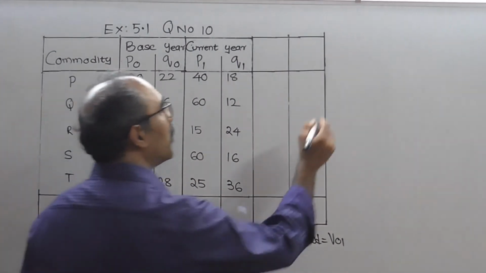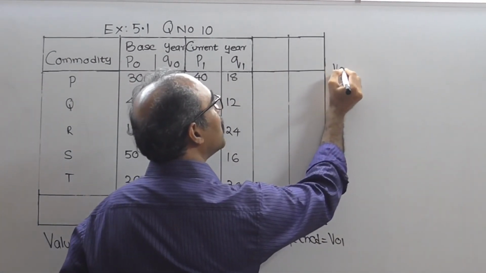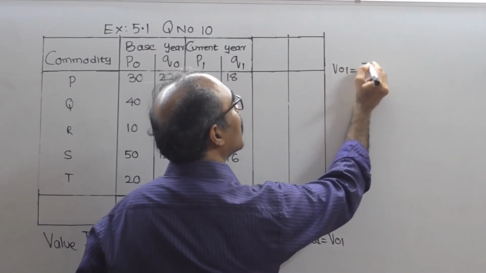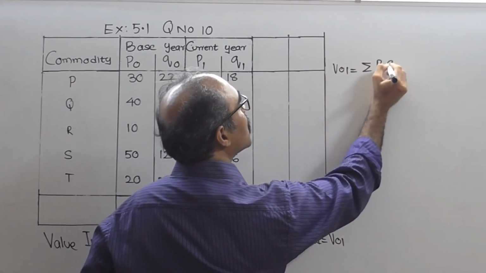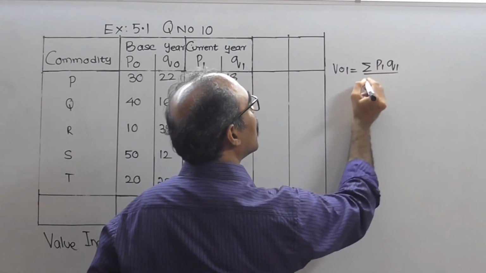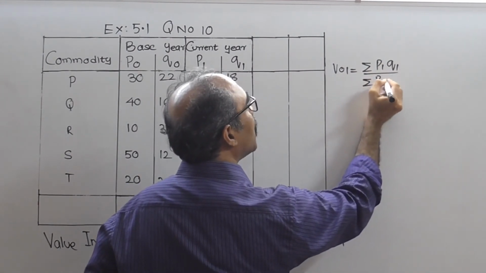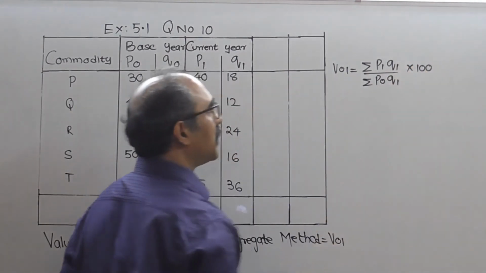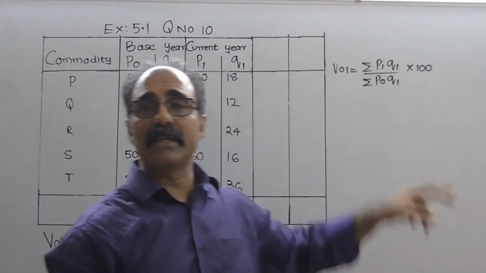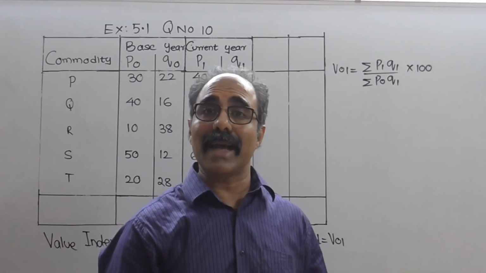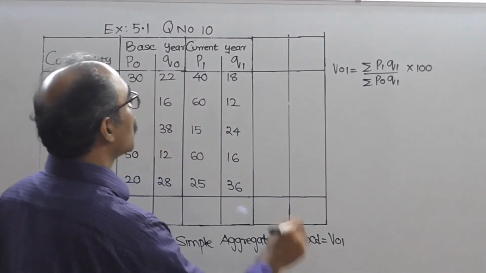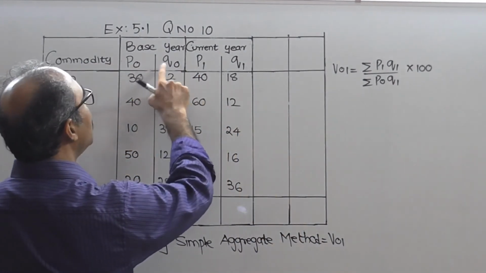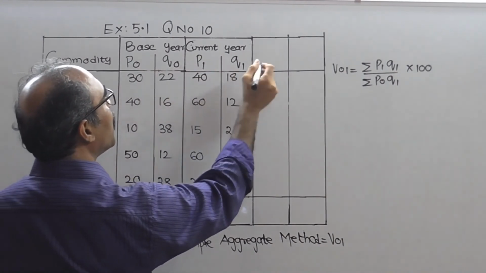So what is the formula for value index number using simple aggregate method? V01, that is equal to sigma P1 Q1 upon sigma P0 Q0 multiplied by 100. See, value is basically a product of price and quantity. So we know P0 Q0, we know P1 Q1.